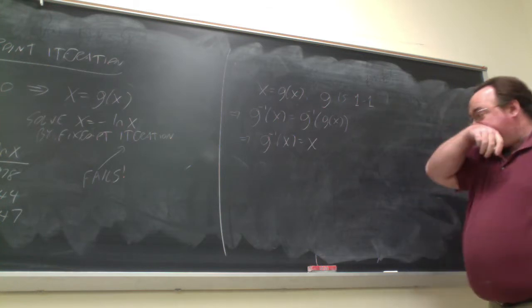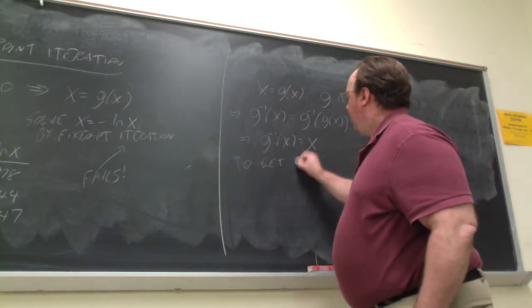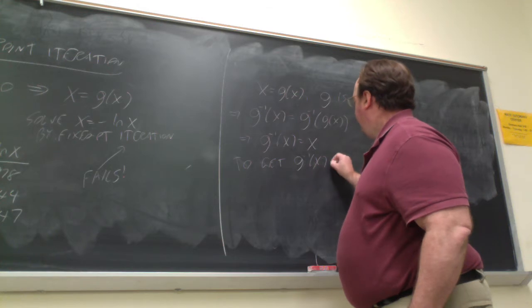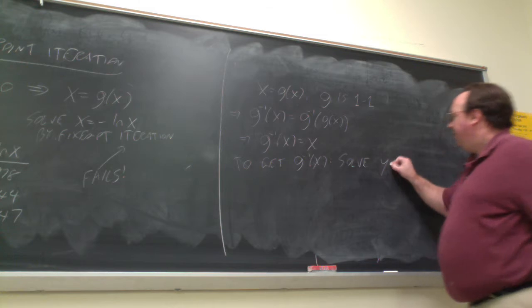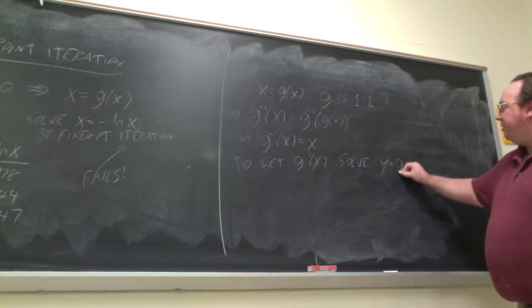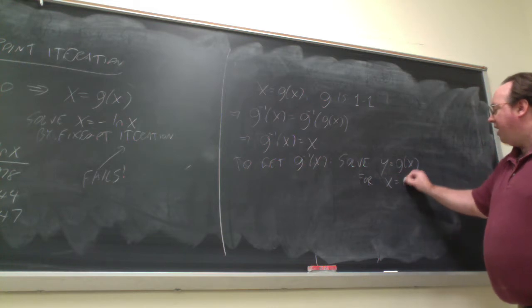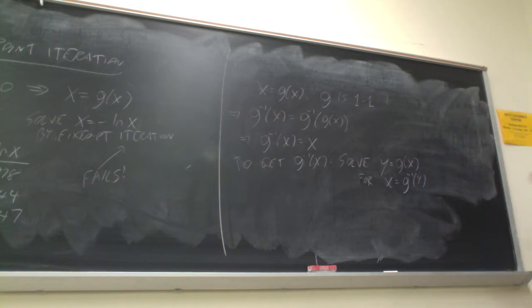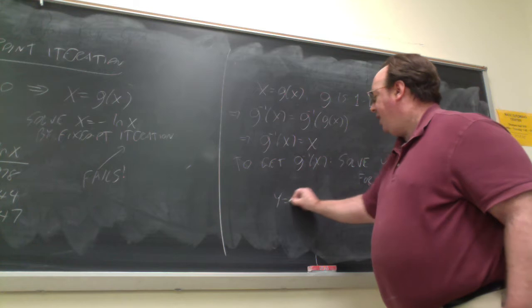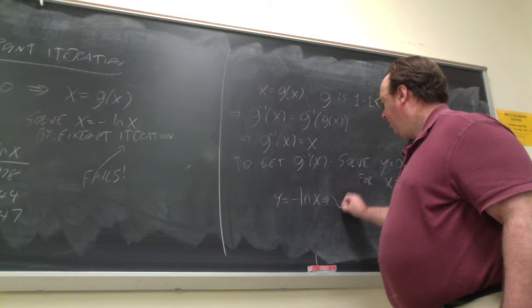Now, to get g inverse of x, what you do is you solve the equation y equals g of x for x, which is now going to be g inverse of y. So you're just isolating the opposite variable. In this case, we have y is g of x, which is minus natural log of x.